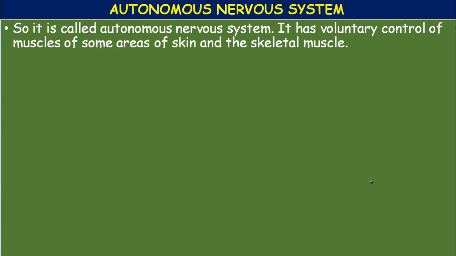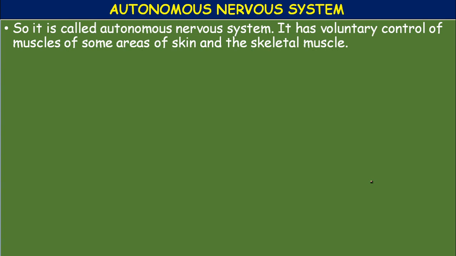What is the autonomous nervous system? It has voluntary control of muscles of some areas of skin and skeletal muscles. We can say the nerves controlling involuntary actions of smooth muscles and certain glands, while sleeping or awake, constitute the autonomic nervous system.